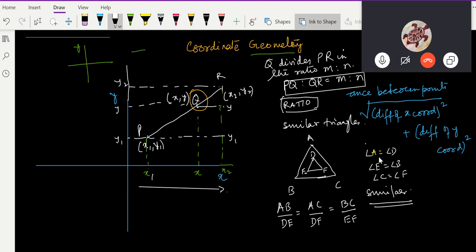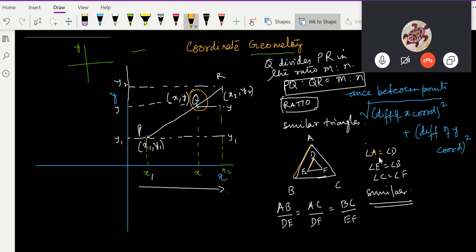This is the meaning of similar triangles. When I take the proportionality of sides, I have to be careful to take the sides which are opposite to the equal angles.